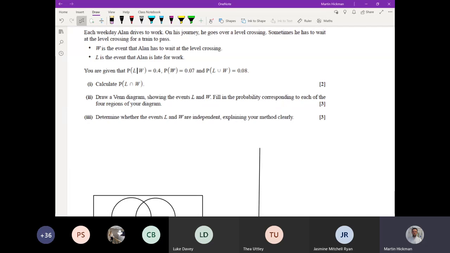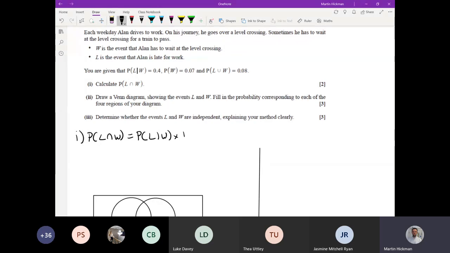That's what we're doing right back at the start of the lesson. Sorry, not right back at the start of the lesson. The formula we just met a second ago. So if I want to work out the probability of L and W, we do the probability of L given W, because that's what we've been given.